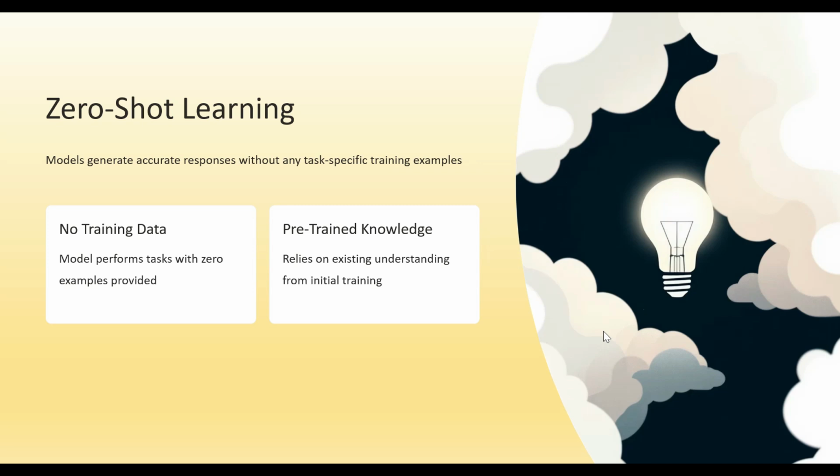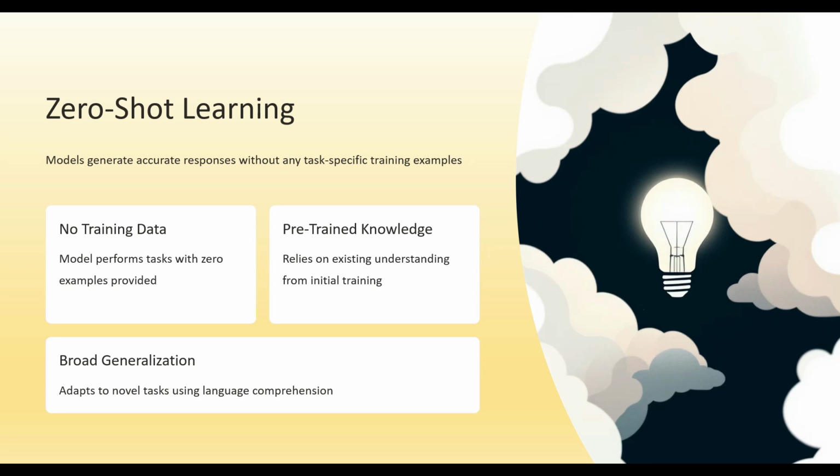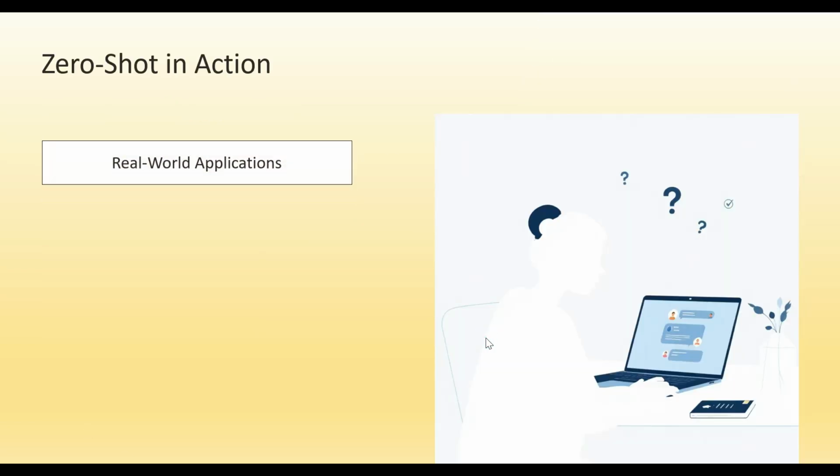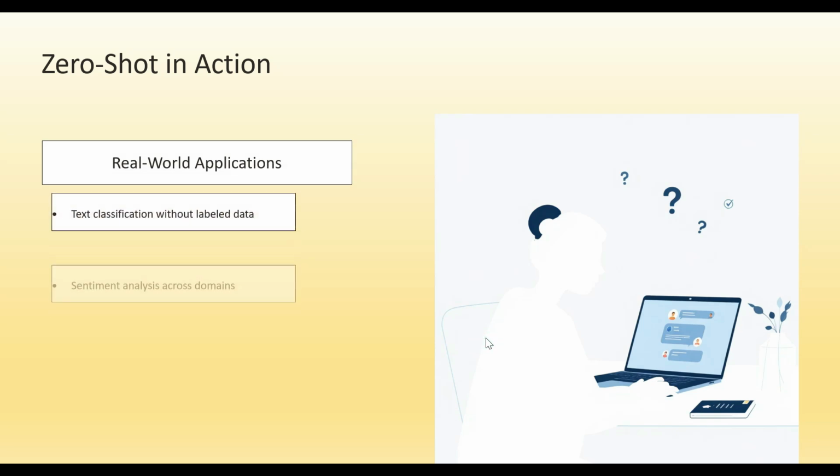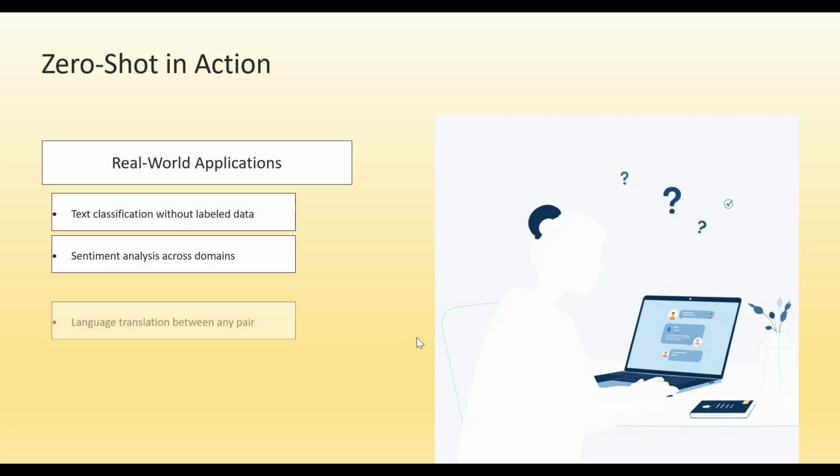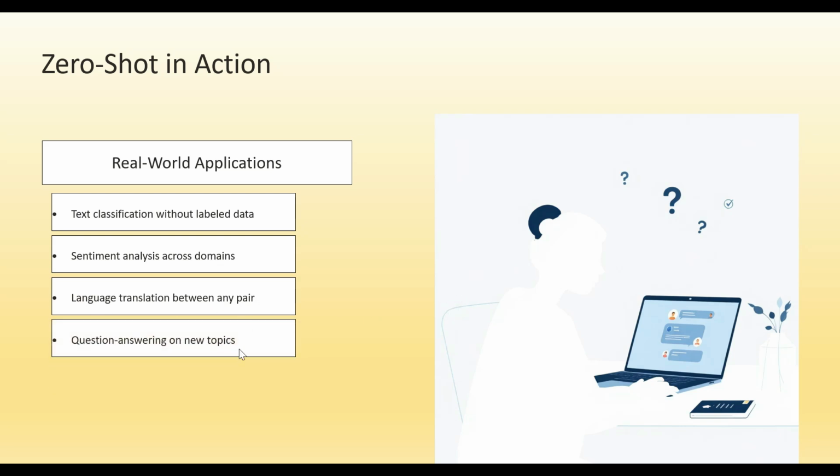It understands the intent, context, and it can generate very high quality output. Okay. Now, where we can apply this learning: if we have to do any text classification, sentiment analysis, language translation, question answering, mainly question answering on new topics, we can use this.